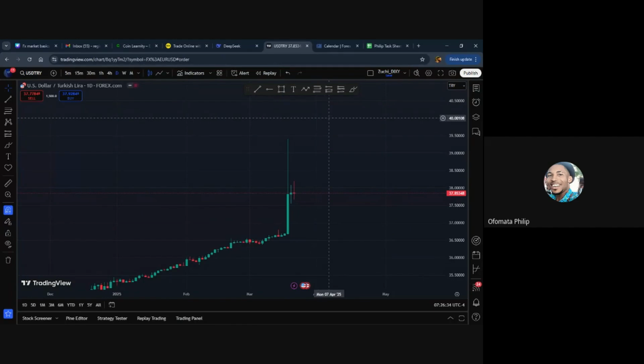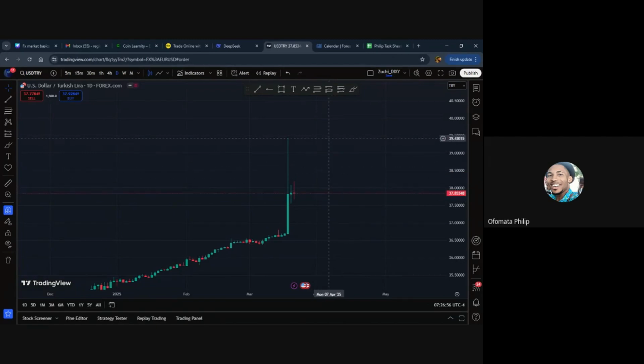It means that the Turkish lira has either lost its value, which is, it is weak, or it might mean that the United States dollar has actually increased in strength. So those are the two outcomes that could possibly make this particular currency pair appreciate in value.